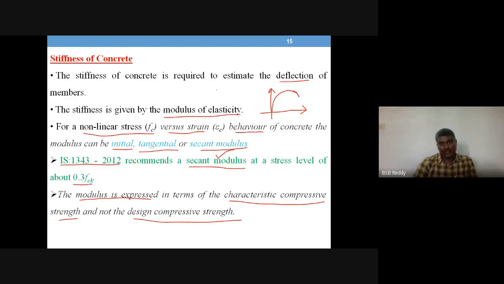Either you can estimate this from a test of the cube compressive stress. You have to apply compressive stress on the cube and get a stress strain diagram. For that, you have to estimate secant modulus at the level of 0.3 times fck stress level.